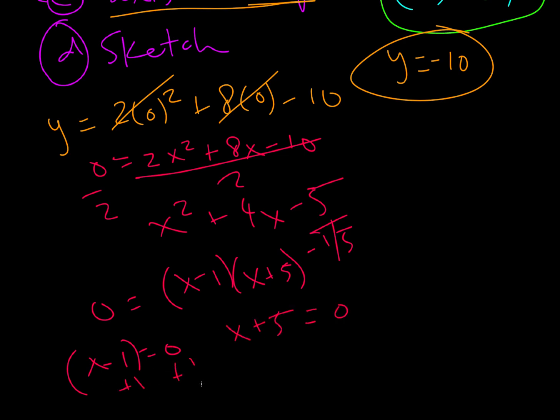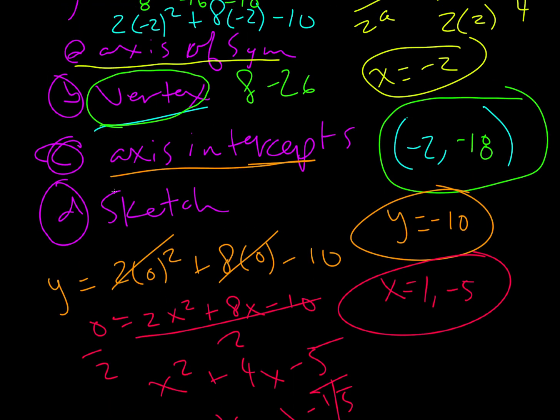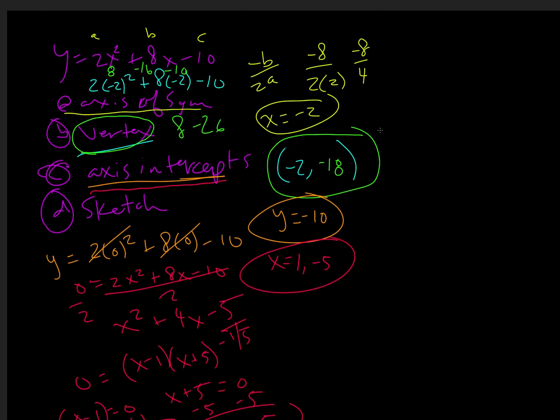Add 1, so x equals 1, minus 5, x equals negative 5. So our x-intercepts are 1 and negative 5. Once again, axis intercepts, we need x and y. And then it wants us to use all this information to sketch.